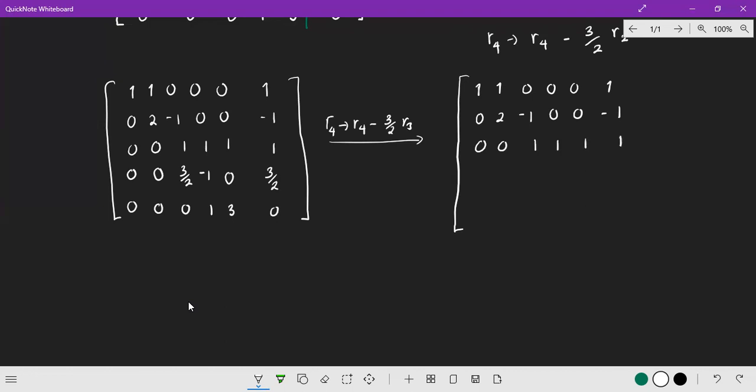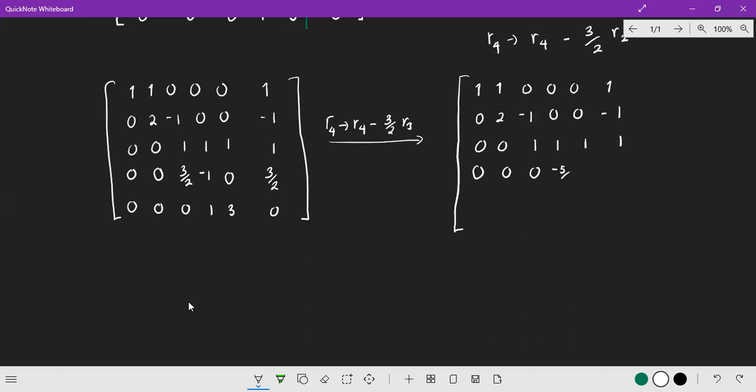Now, you want to change this 3 over 2, right? So that 3 over 2 now automatically becomes a 0 after doing that operation. And then you have negative 1, so negative 1 minus 3 over 2 times the element in row 3, which is 1. So this becomes negative 5 over 2.